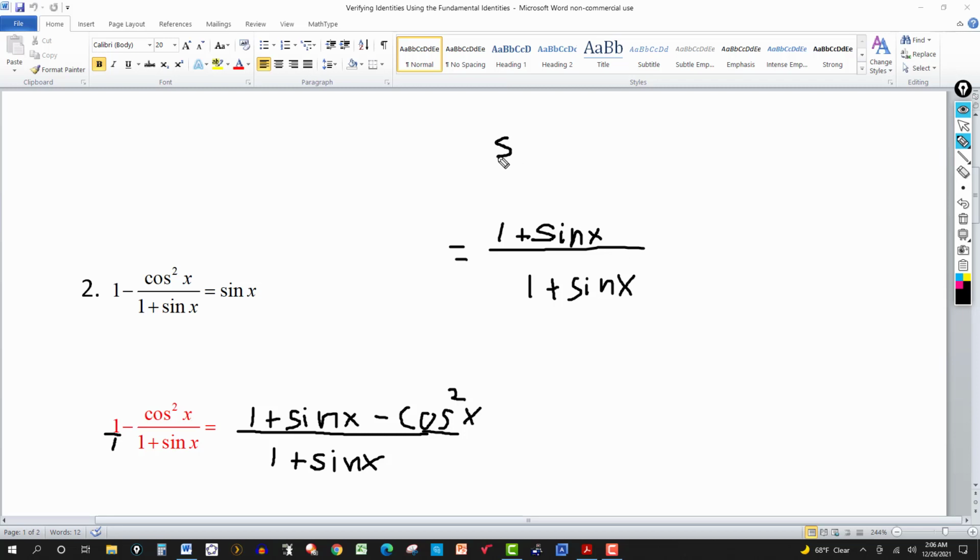And then we've got this fundamental identity. We have sine squared of x plus cosine squared of x equals 1.